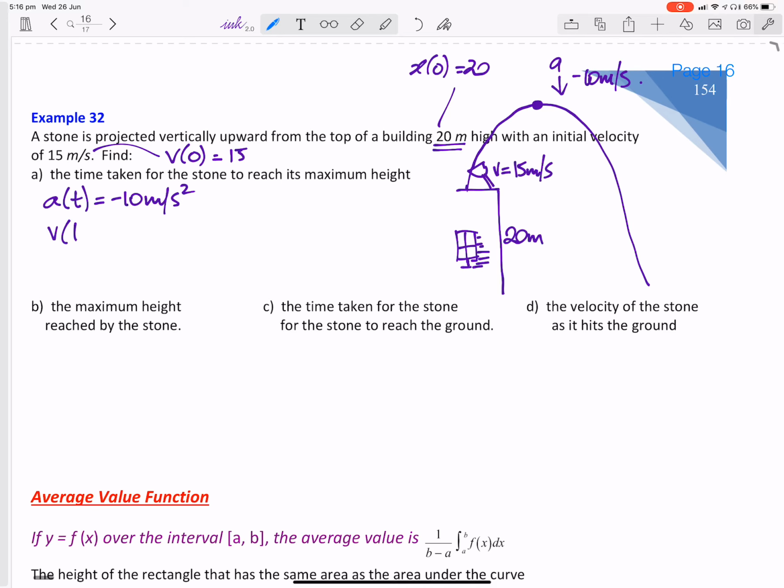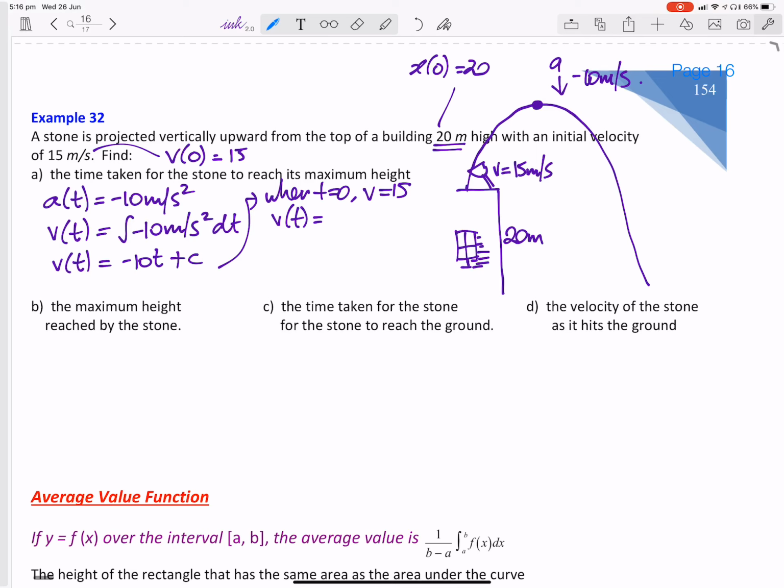So our velocity is given by the integral of negative 10 dt, which is negative 10t plus c. We know when t equals 0, v equals 15. So v of t is equal to negative 10t plus 15.